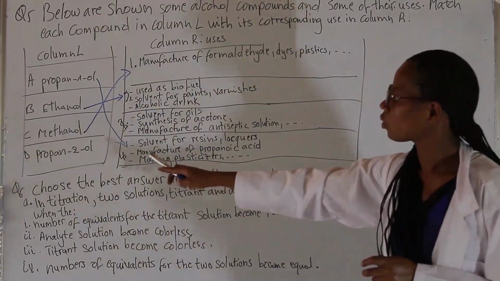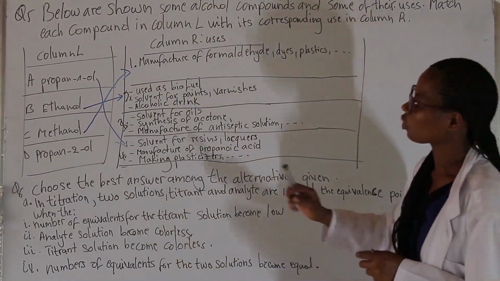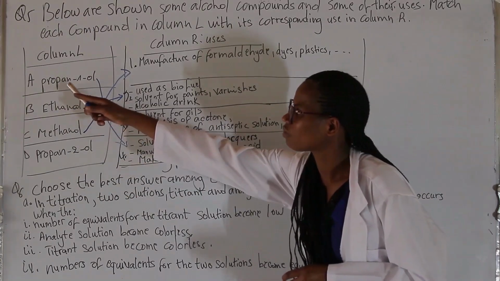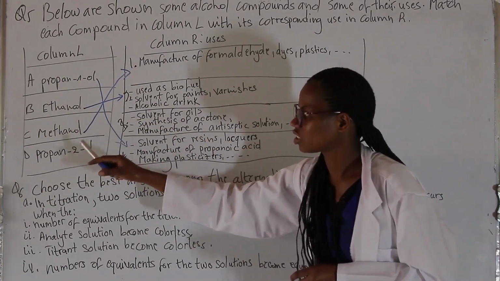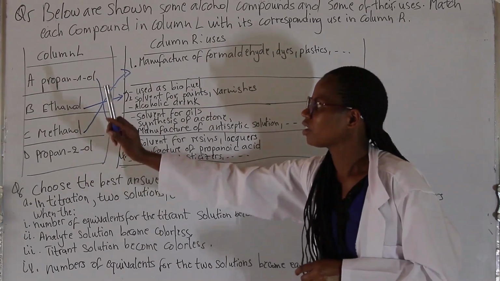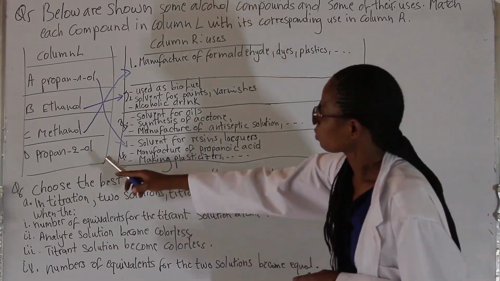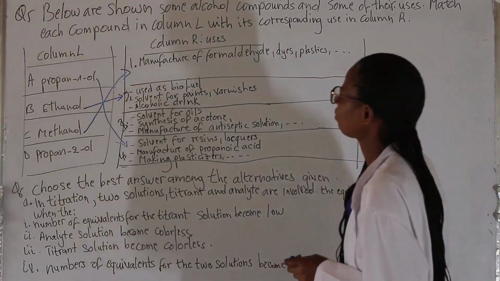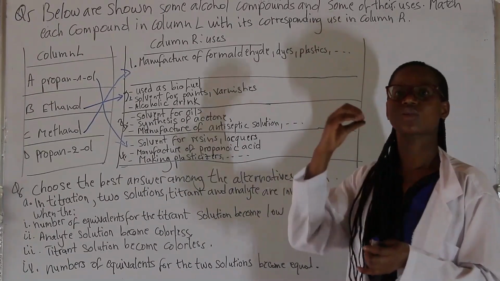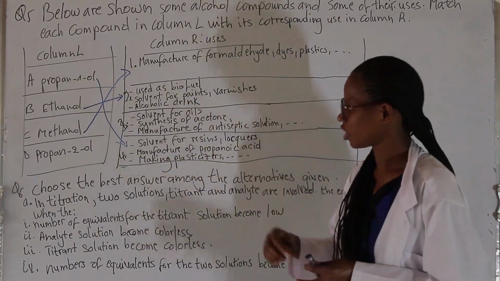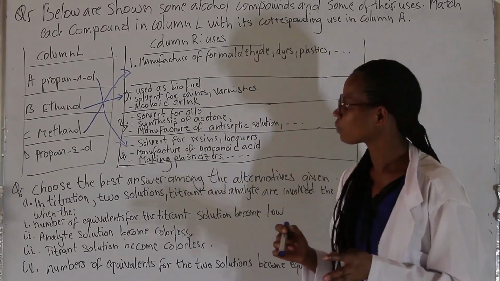For D, we have propan-2-ol. We know where propan-2-ol differs from propan-1-ol. The functional group of alcohol is attached on the second carbon, while here it is attached to the first carbon. This propan-2-ol can be used as a solvent for oil. It is a good solvent for oil. It is also used in synthesis of acetone.